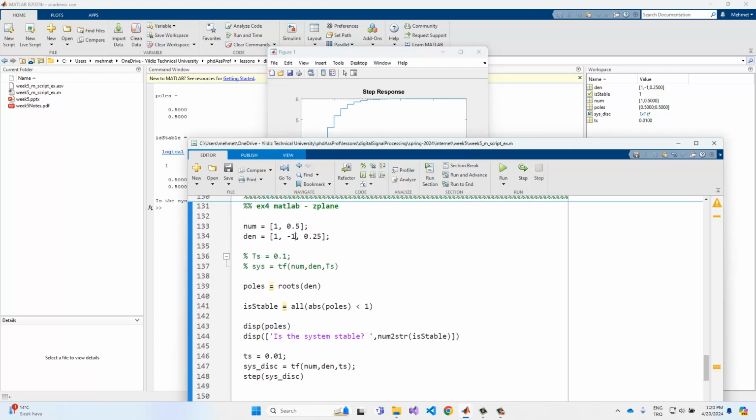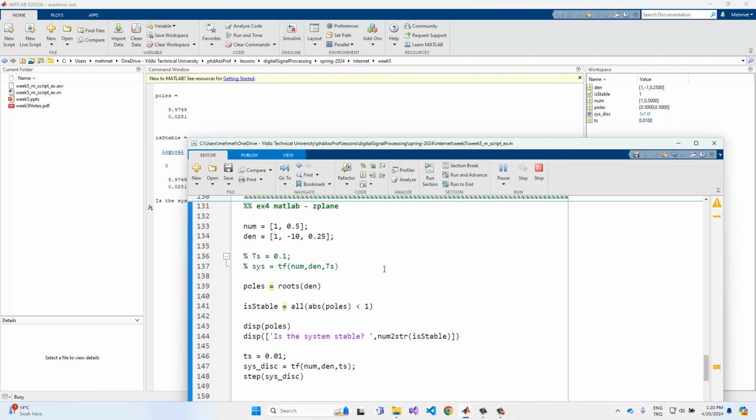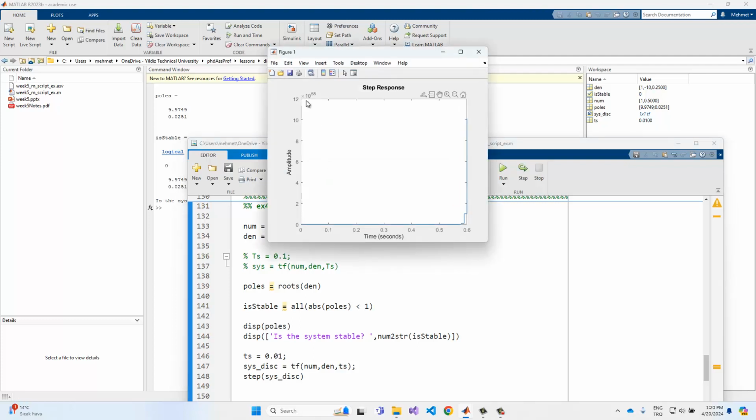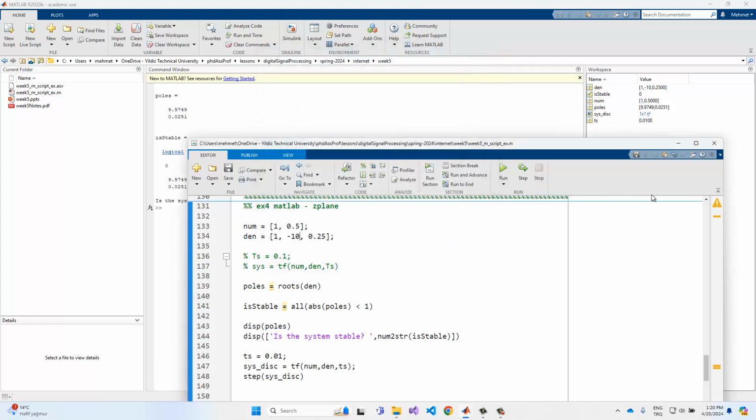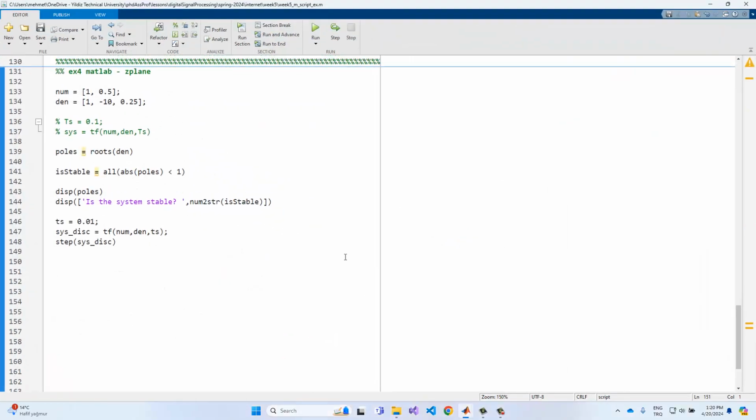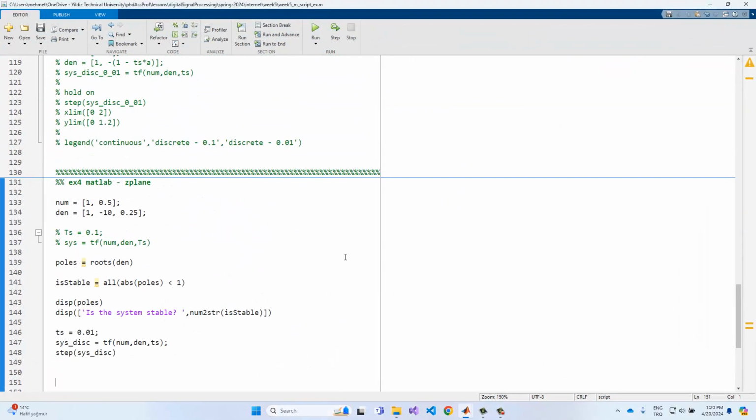But if I choose -10 in here, just like this one, our signal goes to infinity, just like this one, 12 times 10 to the power of 58. Okay, so this is how we can check the discrete time stability formulation based on these conditions.